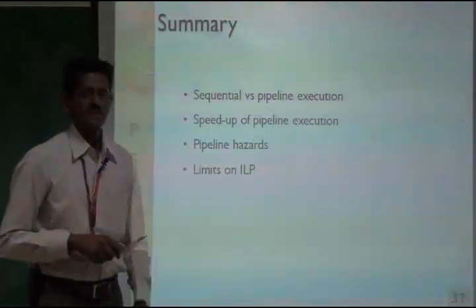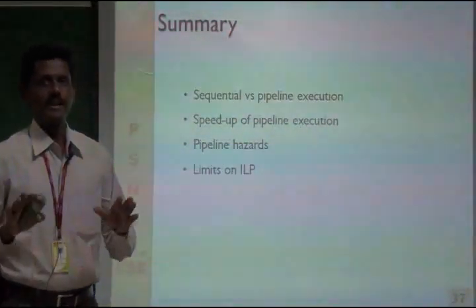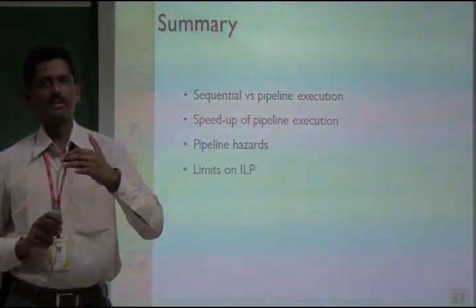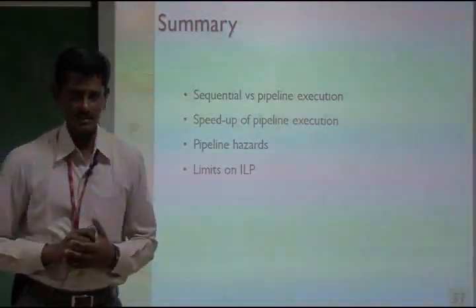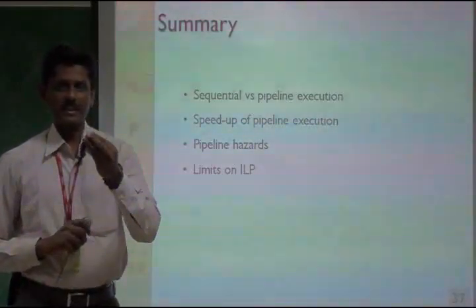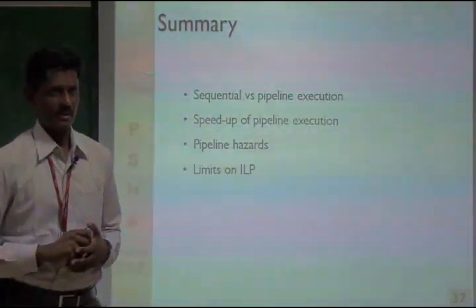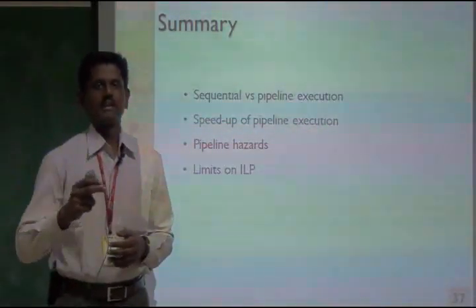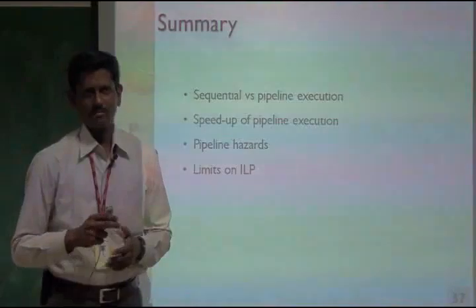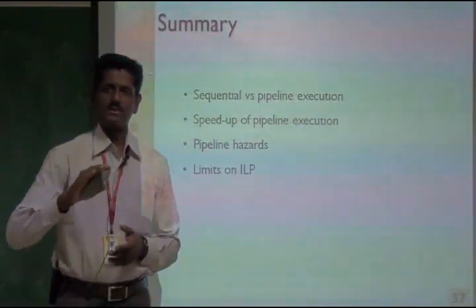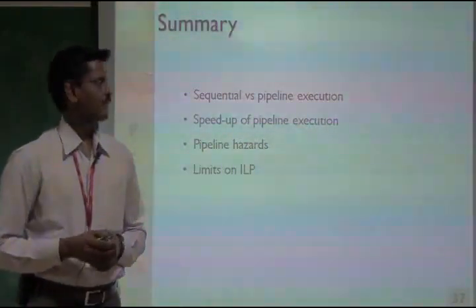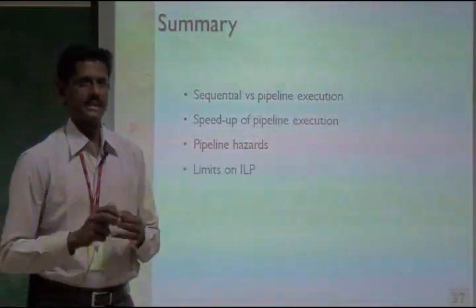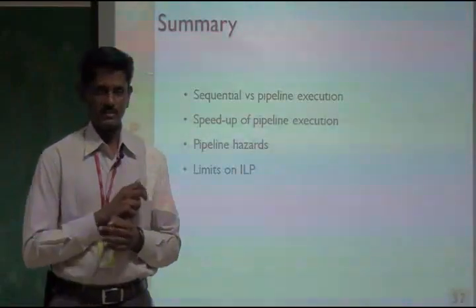The summary. On the whole, the main characteristic of the computer is speed. The speed can be increased in several ways. One of the ways is parallel processing. Instruction level parallelism is one of the techniques to increase the speed, but there are some challenges in ILP: structural hazard, data hazard and control hazard.